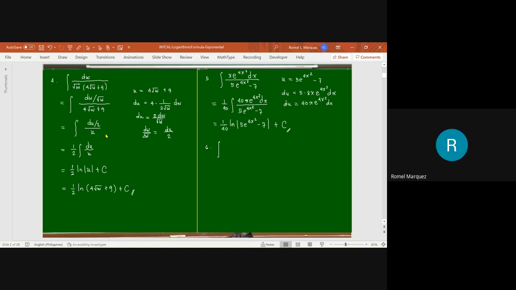Oo nga, du over 2u. Nilabas ko yung 1/2 kasi hindi ko kailangan inside. Ang kailangan mo lang du over u sa loob. Ang formula natin, integral du over u. Wala namang 2. So, nilabas ko. Basta constant, hindi kailangan inside, you can put it out.